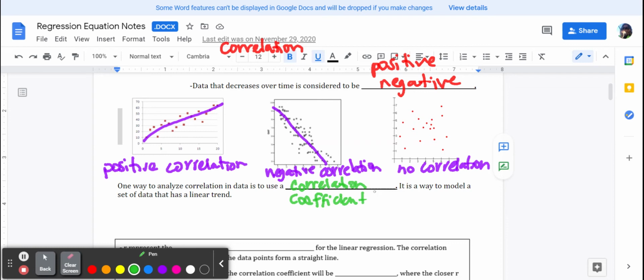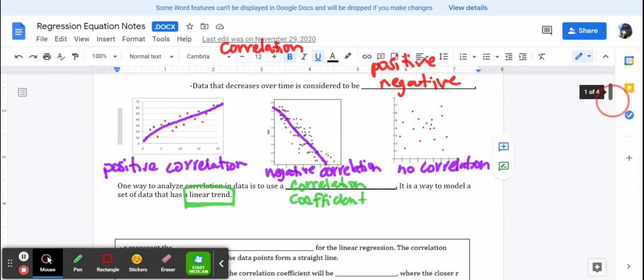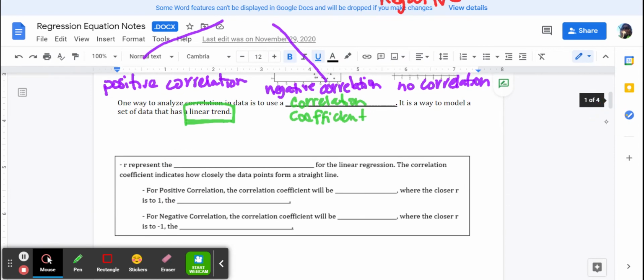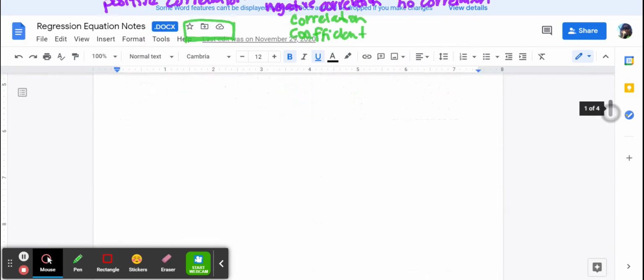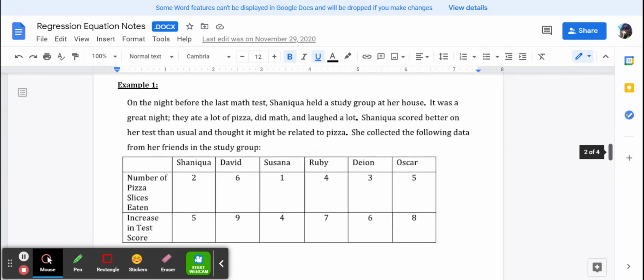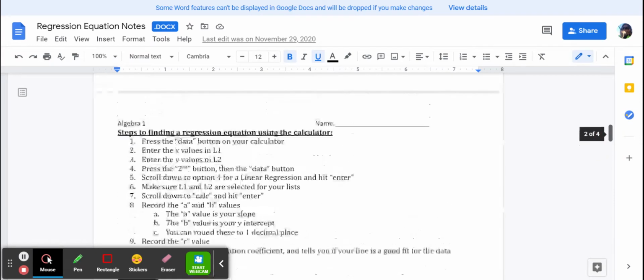Now notice we're only going to talk about linear trends here. There are quadratic regressions and exponential regressions, but in this class, the main thing that we're focusing on are linear trends. So, as we go through to look at these, the R value is going to represent our correlation coefficient.